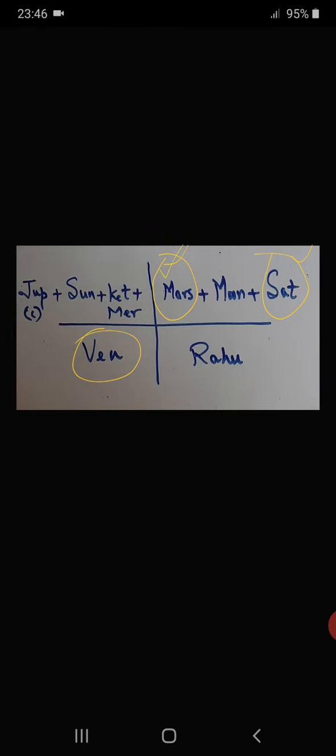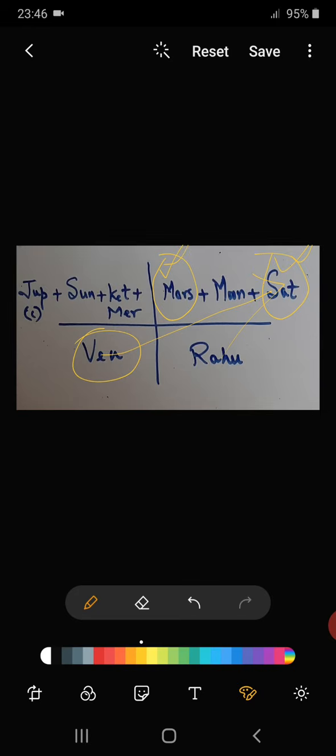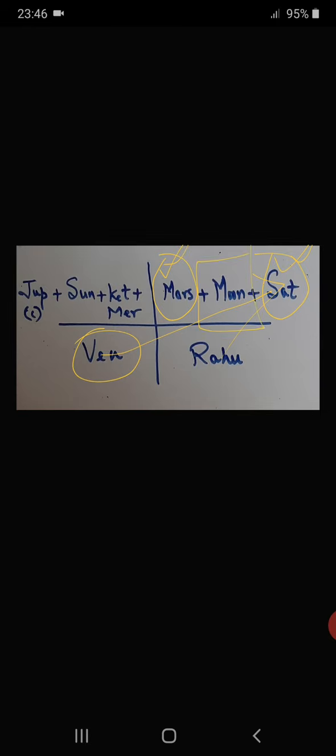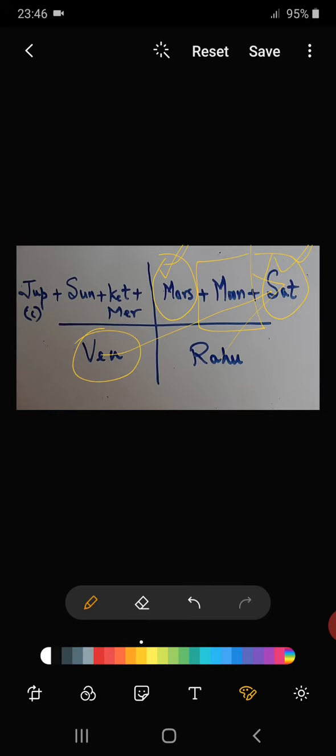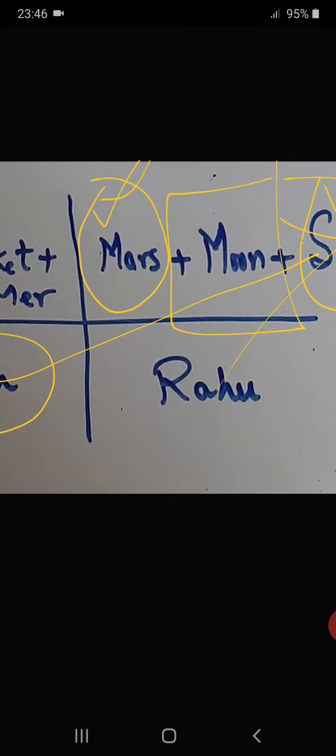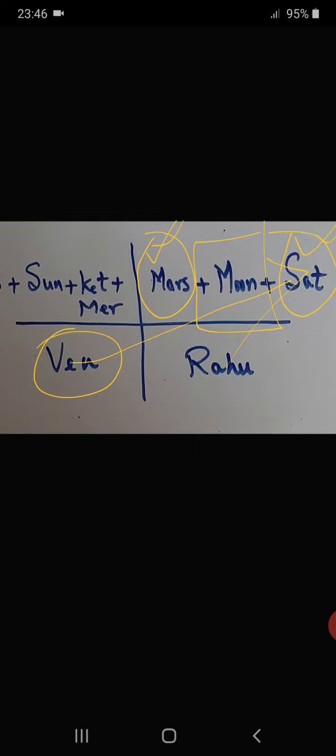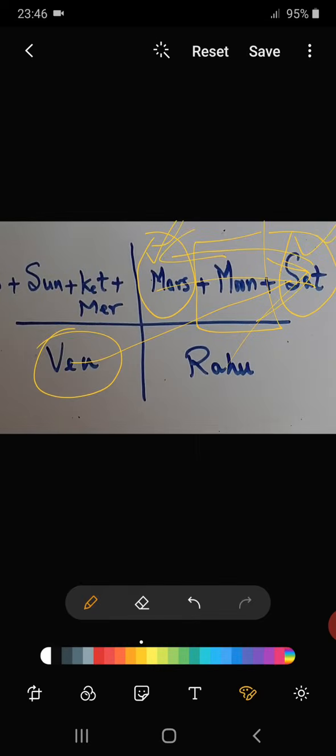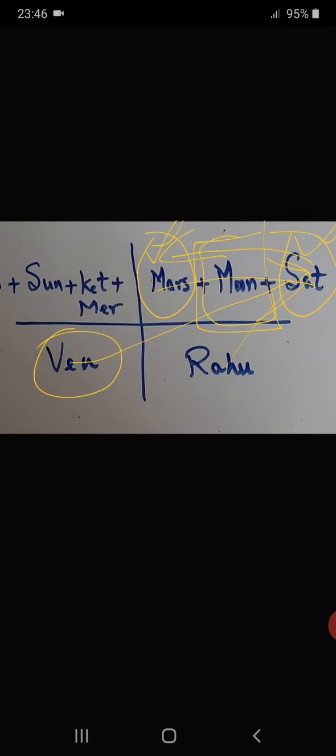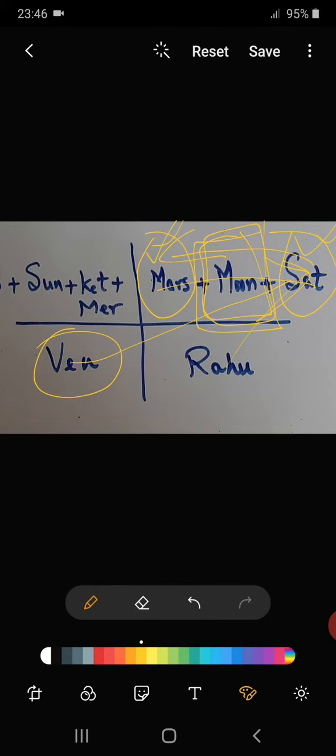Mars is the spouse, Saturn is the elder brother of the person in question here, whose hand is being analyzed. But the moon stands in between. Moon is generally mother. What I'm trying to tell you here is that the Mars is being opposed by the Saturn, or the Saturn is opposing the Mars, whichever way you want to take it. But the balance is achieved by moon, the mother.